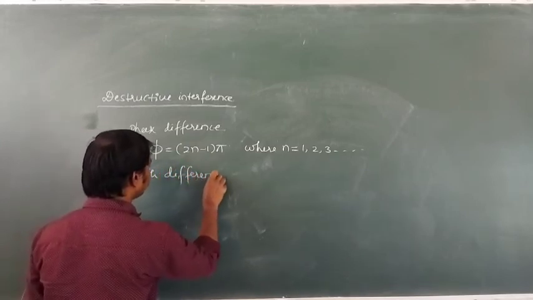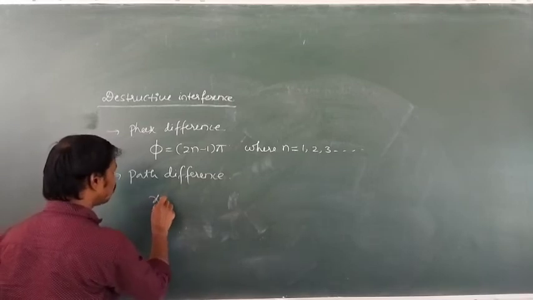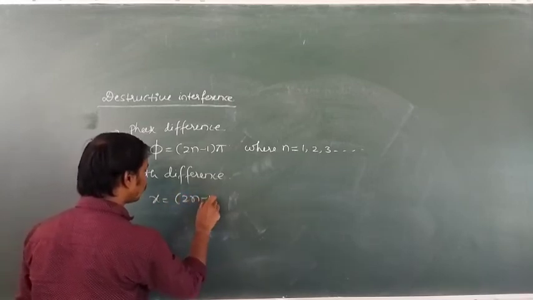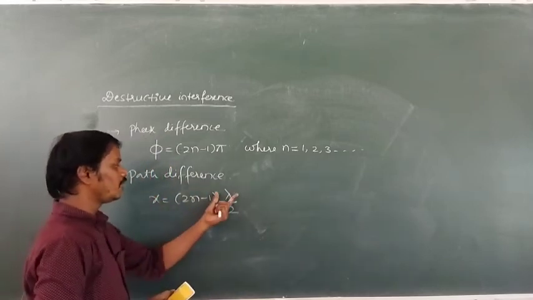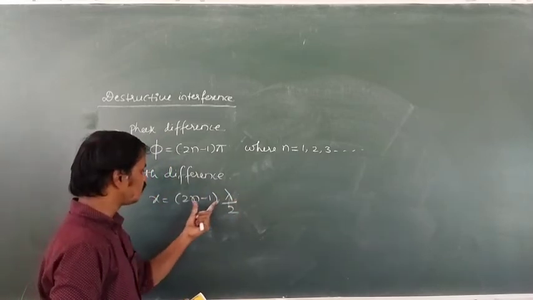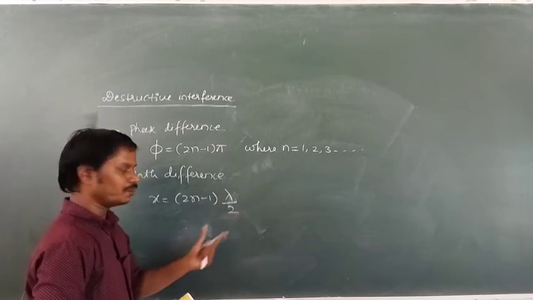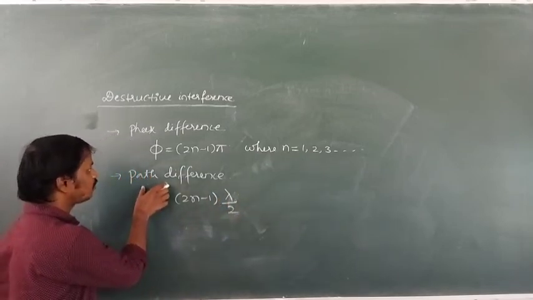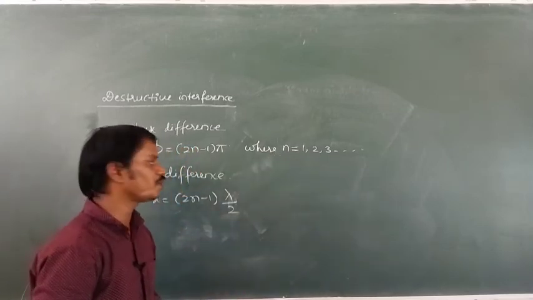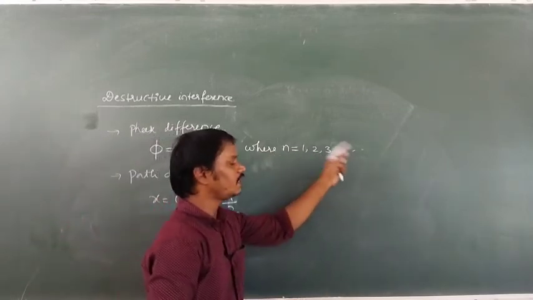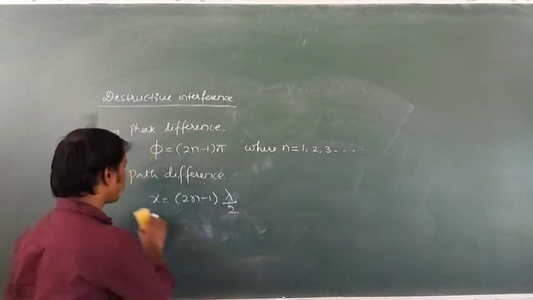Path difference, that is x, is equal to 2n minus 1 into lambda by 2, an odd multiple of lambda by 2. This is the path difference in case of destructive interference, again where n takes the values 1, 2, 3 and so on.